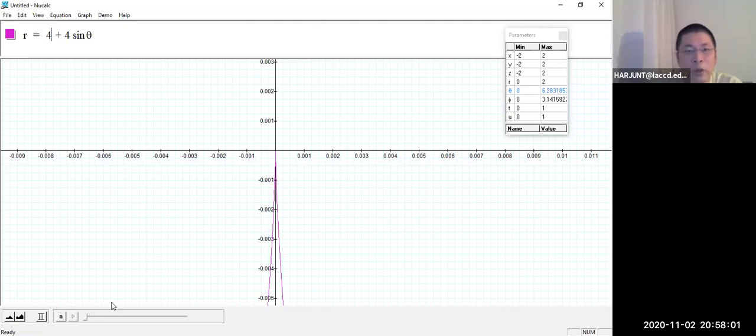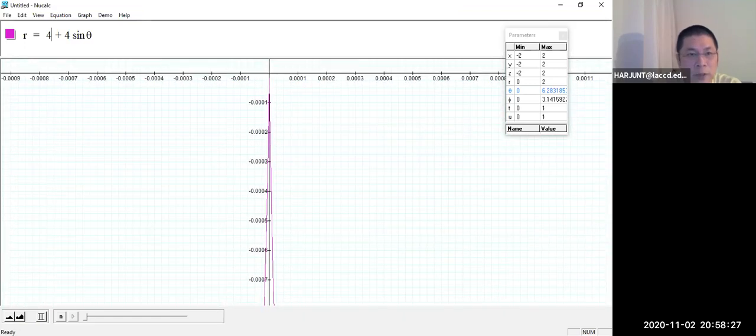So the slope when you approach from slightly less than 3 pi over 2 becomes infinity, while if you approach from slightly greater than 3 pi over 2, the slope becomes negative infinity. Or, to be more precise, the dx dy eventually becomes 0. See? It basically becomes a vertical line eventually.